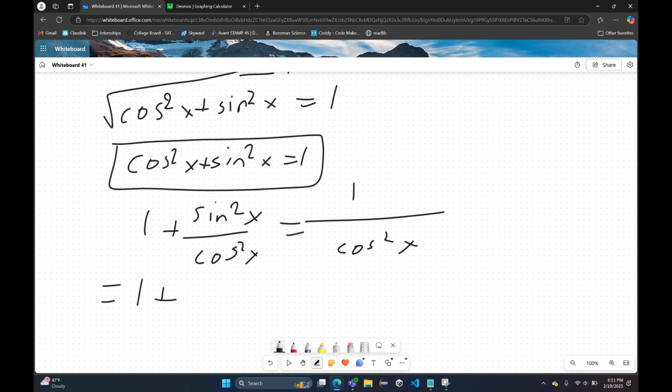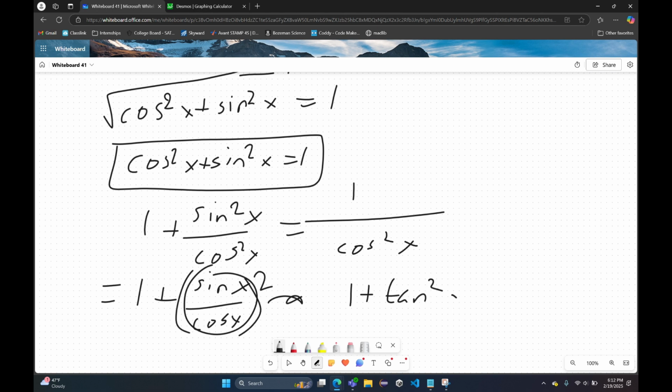Now this is equal to 1 plus, we can take the square out, sine of x divided by cosine of x, whole squared. And what's this thing equal to? Well, sine of x divided by cosine of x is just tan. So we have 1 plus tan squared of x equals, and 1 over cosine squared of x is just secant, so secant squared x.